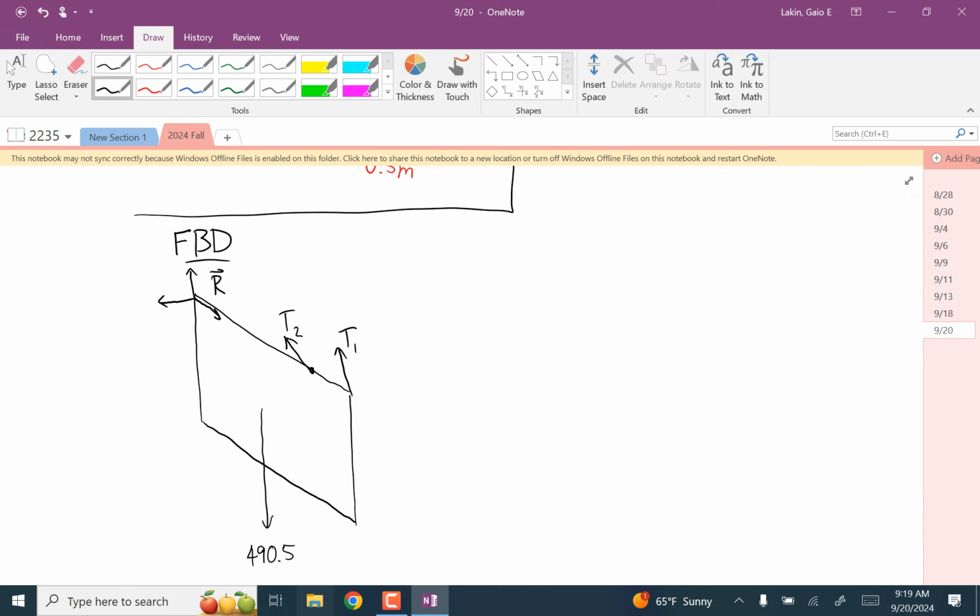So based on that, the first thing you want to look at from your free body diagram is you can tell the number of variables that you have. And for a single rigid body, you know you only get 6 equations. So if you have more than 6 variables, the game is over. But this gives us 5 variables.